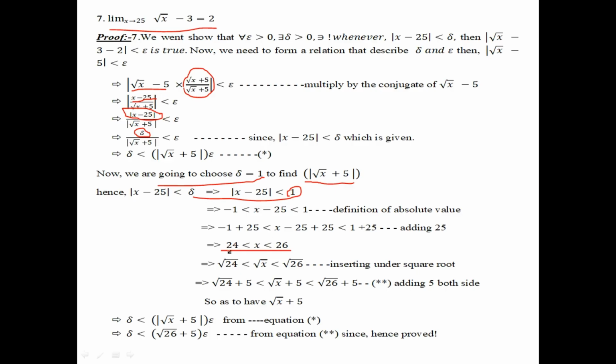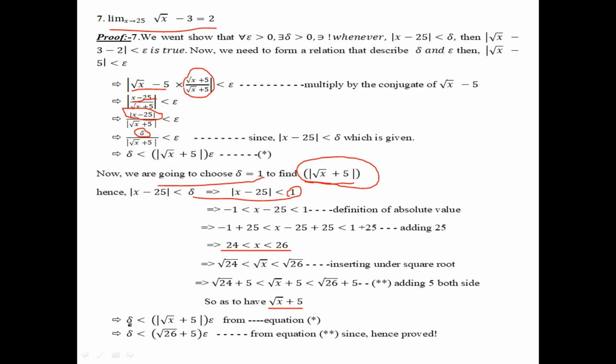So in all terms, we have inserted square roots, since my interest is in substituting for the expression radical x. So to get radical x, I have inserted the square root in all of them. I have also added 5 in all cases, so as to have radical x plus 5.